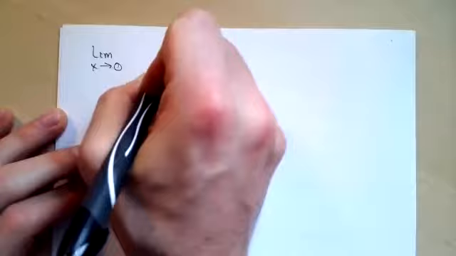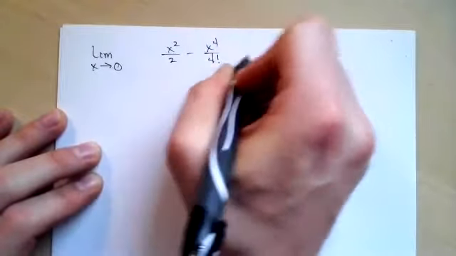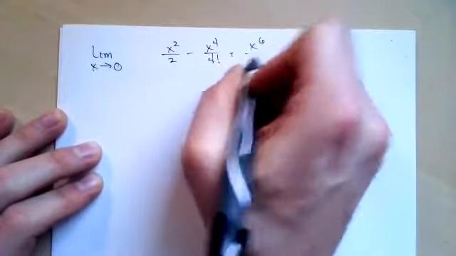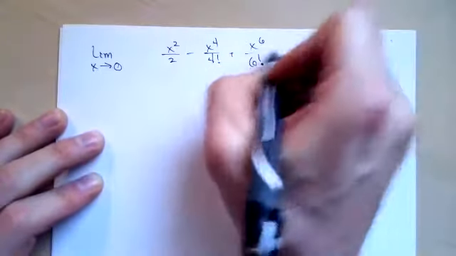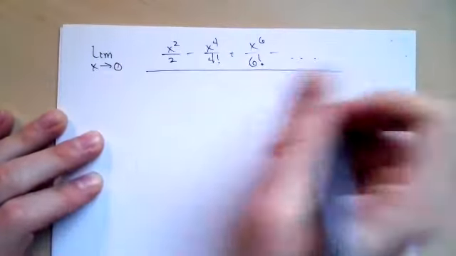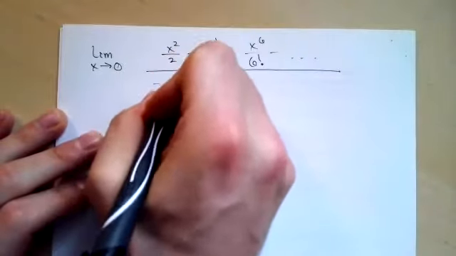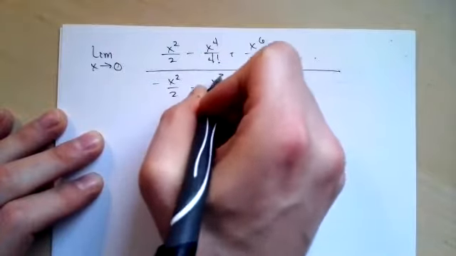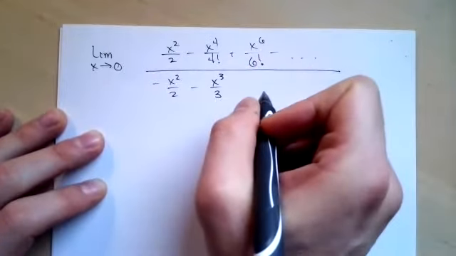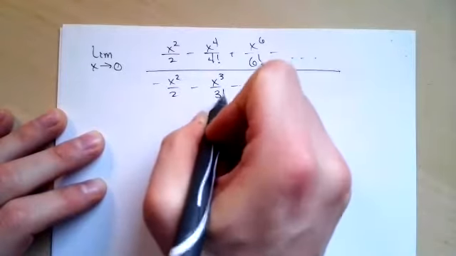Left with the limit as x goes to 0 of, we'll have x squared over 2 minus x to the 4th over 4 factorial plus x to the 6th over 6 factorial minus, and that'll keep going. Then in the denominator, since the 1 and the x will cancel, we will start with minus x squared over 2 minus x cubed over 3 minus x to the 4th over 4 factorial.